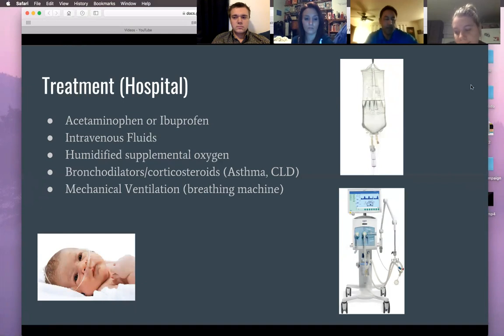Humidified supplemental oxygen to treat hypoxemia, which is low oxygen levels in the blood. Bronchodilators and corticosteroids may be beneficial to those with a history of asthma and chronic lung disease. And in the most severe cases, RSV may require intubation and mechanical ventilation.